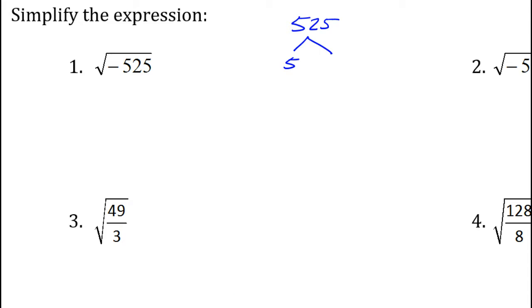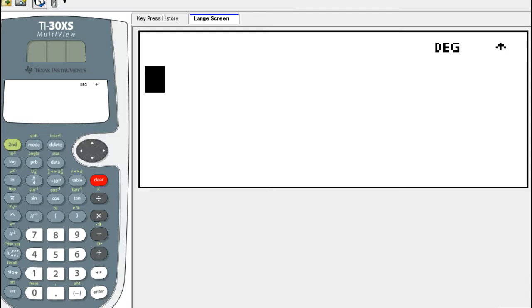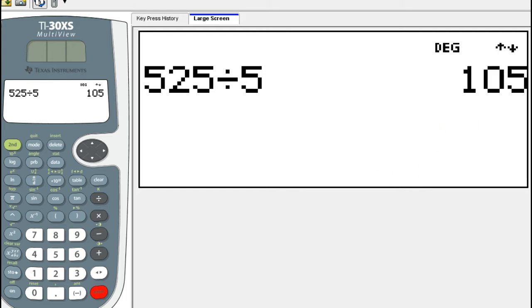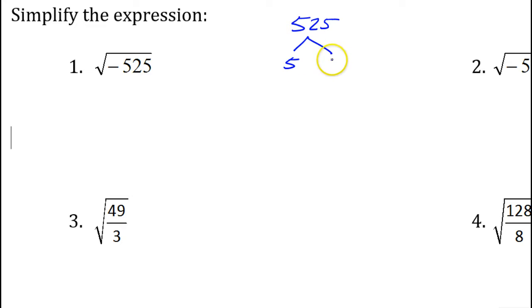Now here's where I will use a 4-function calculator. Now this is actually a scientific calculator, but let's pretend that it's a 4-function calculator, because that's all you will be allowed to use. So 525 divided by 5, that's 105. Okay, so this is 5 times 105.